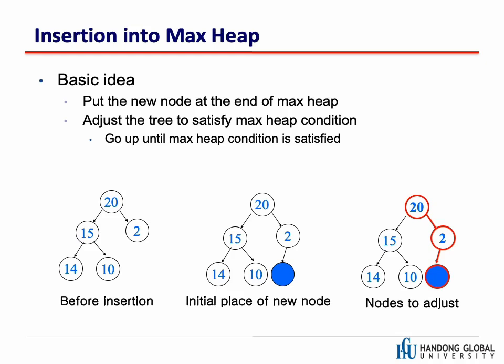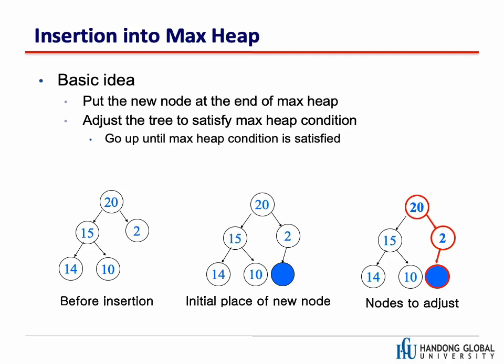Since max heap is a complete binary tree, the end of the max heap is the left child of node 2. Node 15 has the right child, and if we have one more node in the complete binary tree, then it should be the left child of node 2. So we know where to put the new node.